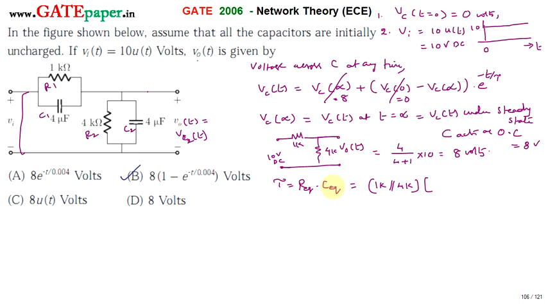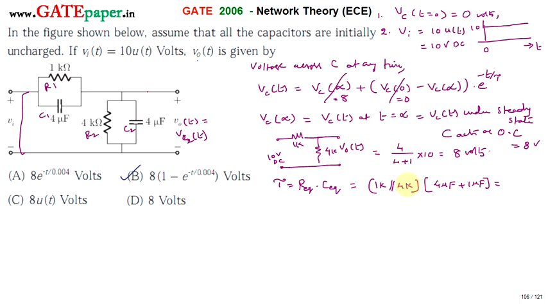Next, C equivalent across these two terminals can be calculated by again short circuiting the input voltage and removing the resistors. Then the capacitors C1 and C2 are in parallel, and parallel capacitors get added. So you can write C1 plus C2, that is 4 microfarad plus 1 microfarad. Time constant units are seconds.